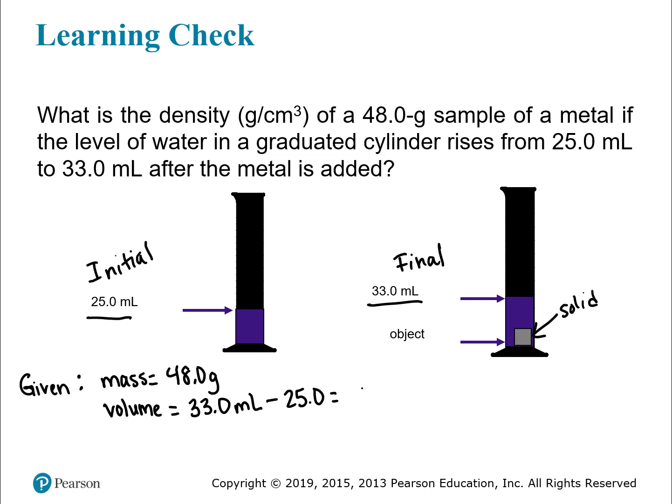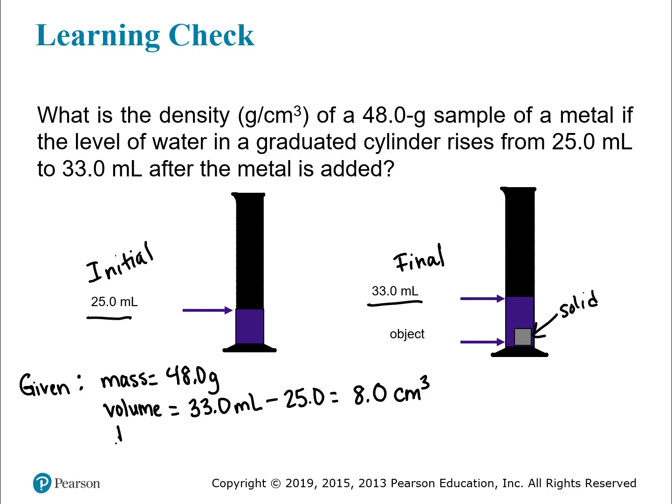Remember to use sig figs here. So your calculator is just going to tell you 8. But you need to remember that you need the 10th place too. So we're going to call this centimeters cubed, okay? Because milliliter, centimeter cubed, they're the same thing.